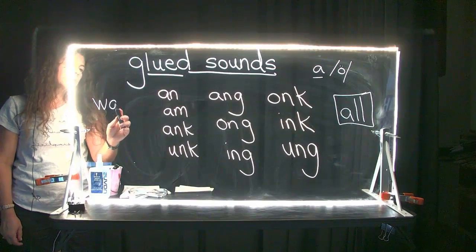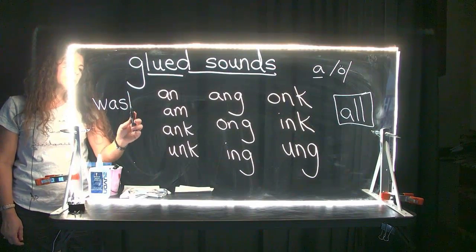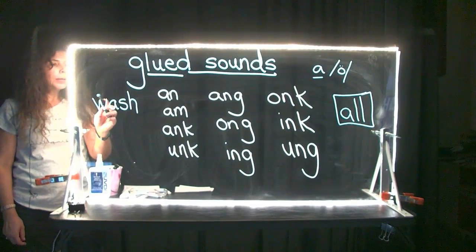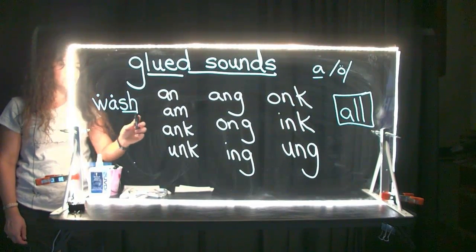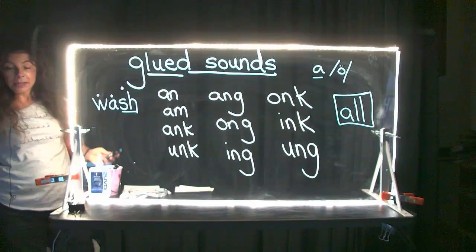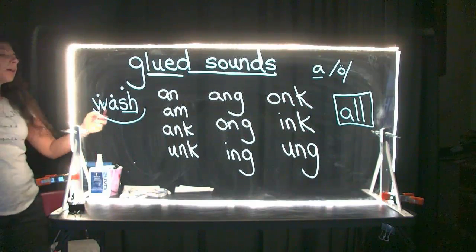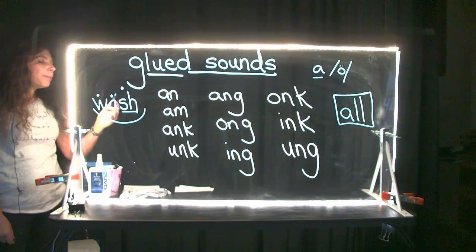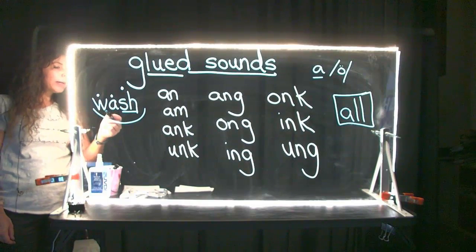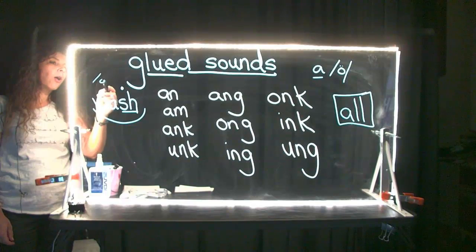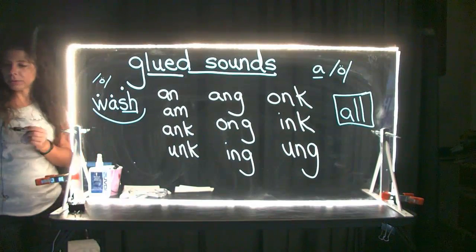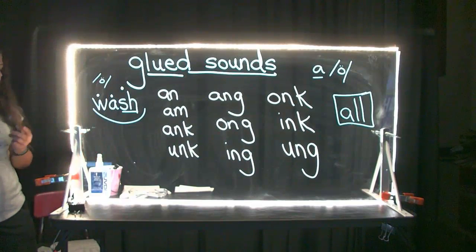They are wash. I don't say wash with a short a. That is a closed syllable. And you would say, well, Mrs. Duskalakis, you should say wash with a short a. But when an A is followed by a W, it makes that aw sound, like in the word all.